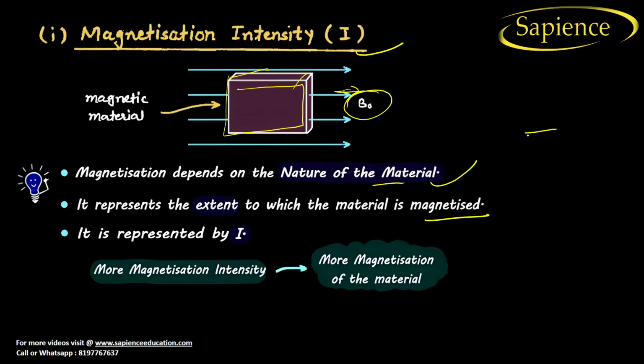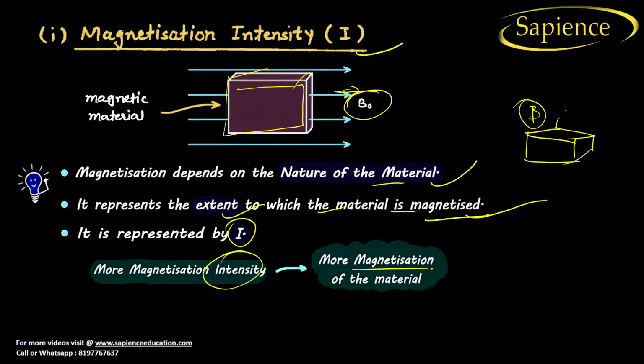Let us consider there is iron or nickel, so it will behave strongly; it represents how strongly the material will behave. It is represented by I. So more magnetization intensity means more magnetization of the material, and it is represented by I.